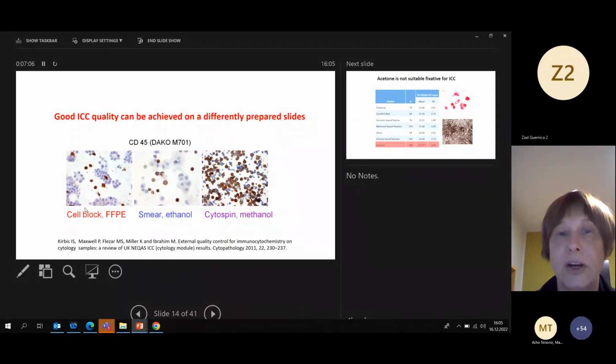And I think this is very important. So it's not only fixation, but all different pre-analytical factors can affect the final result. But not only this, it is also necessary to adjust the analytical part of ICC in order to achieve good results.